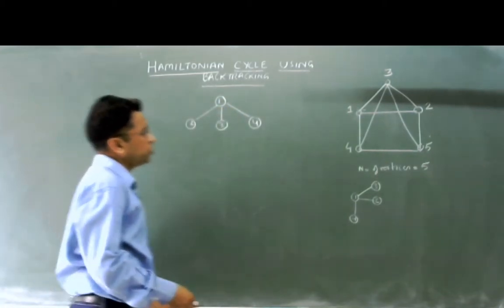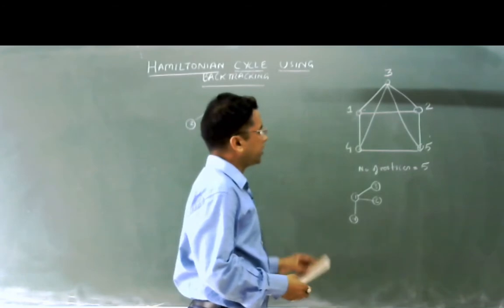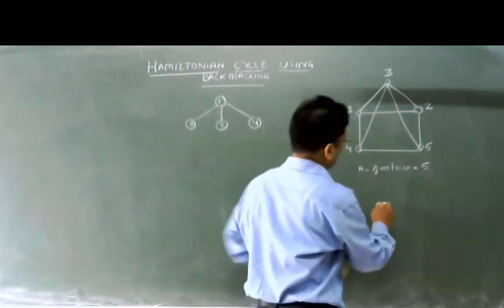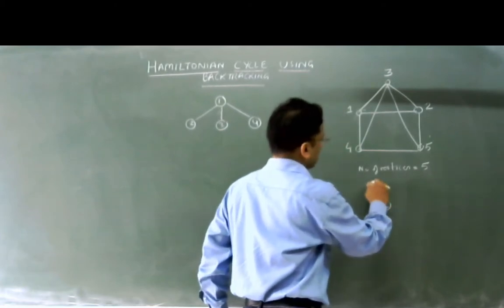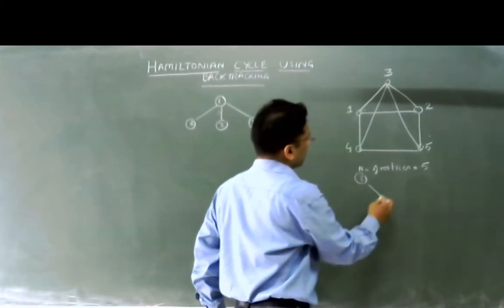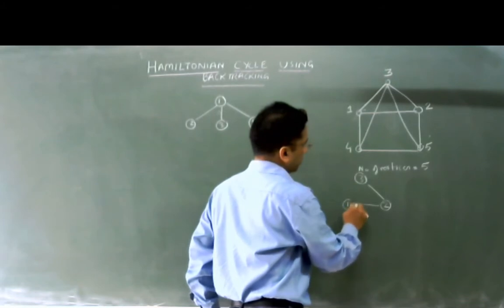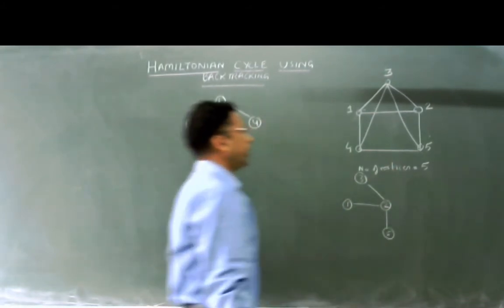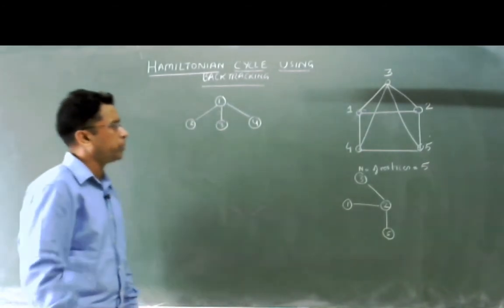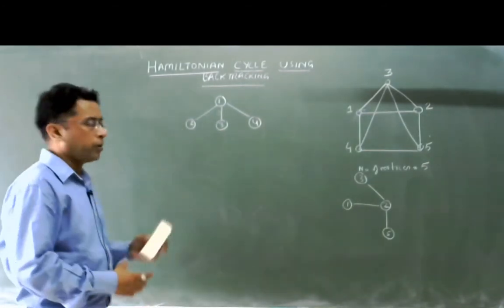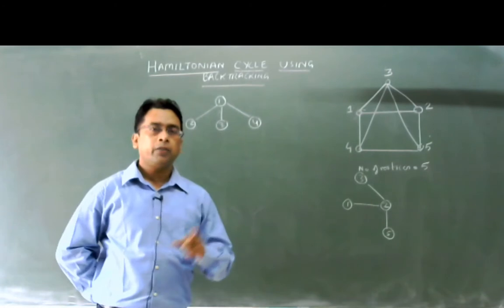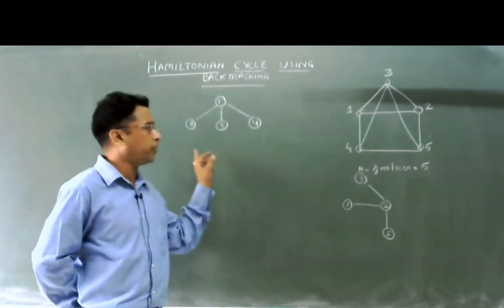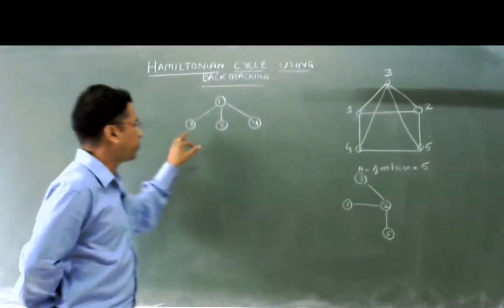Now I shall check the nodes adjacent to node number 2. The nodes are 3, 1 and 5. And while creating a circuit, I will not cover a vertex again.